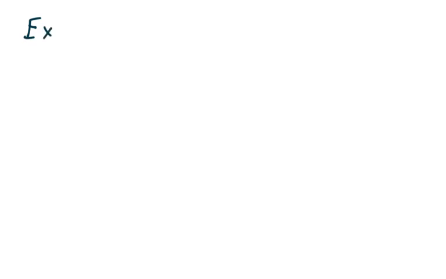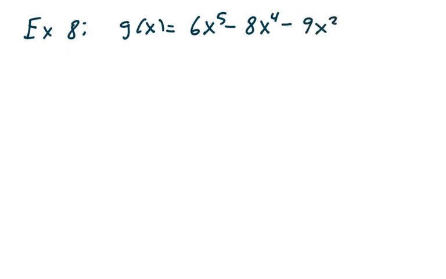Example 8. Suppose g of x is 6x to the 5th minus 8x to the 4th minus 9x squared.